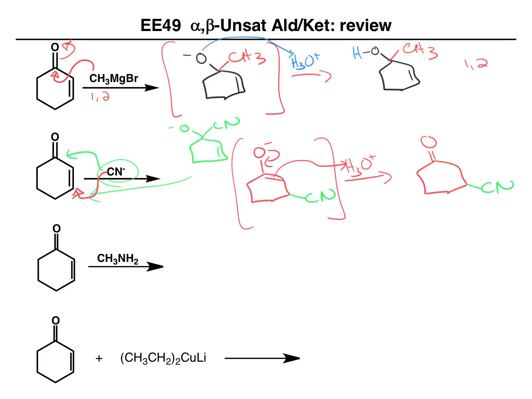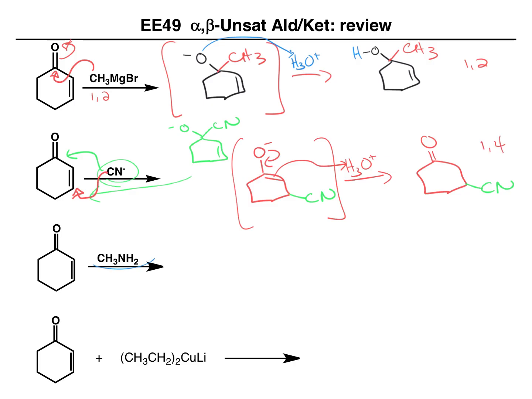So with a very strong base or nucleophile, the reaction is not reversible. So 1,2 addition is going to be the isolated product. With a weaker base, such as a nitrile, this will add 1,2 going through this intermediate, but it can be reversed so that it'll add 1,4, leading to the 1,4 product as the isolated product.